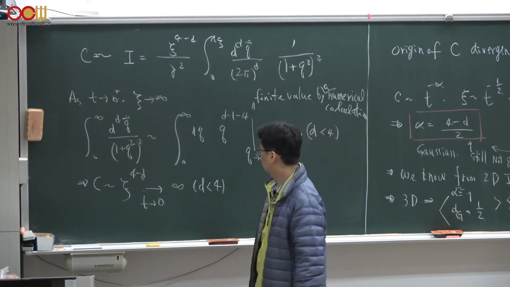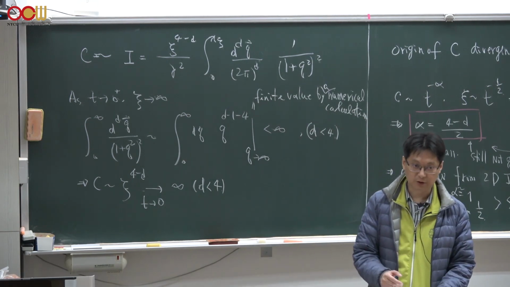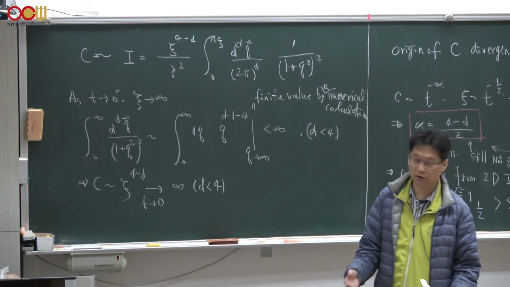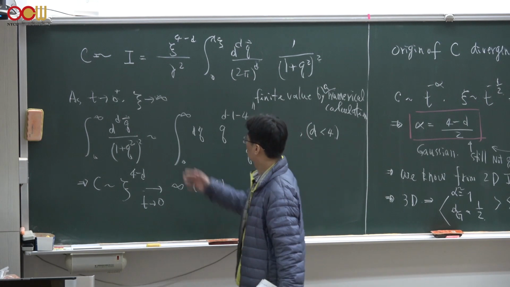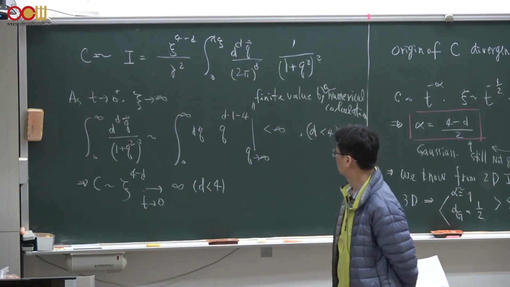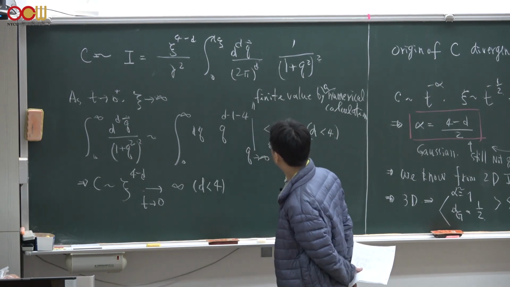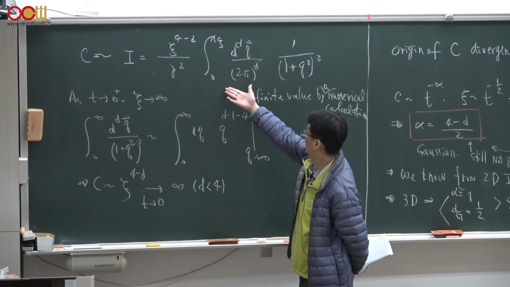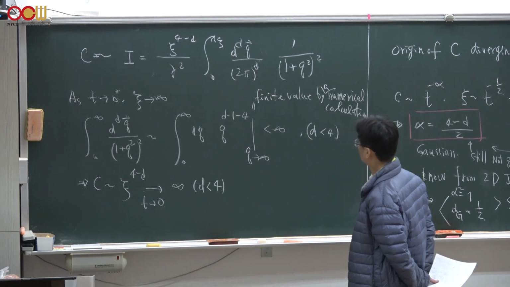So let's do the power counting on the specific heat as the temperature gets close to Tc. As I mentioned, the specific heat is dominated by this integral called I, which in rescaled form is given by an integration over dq.